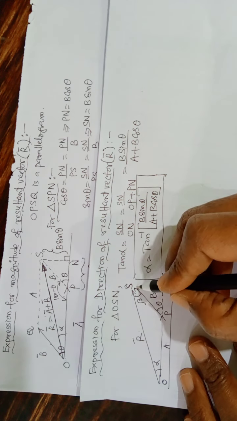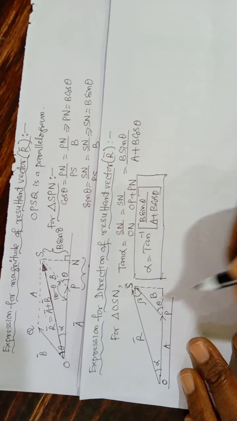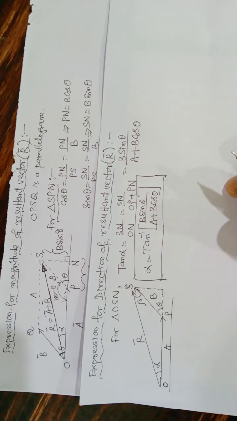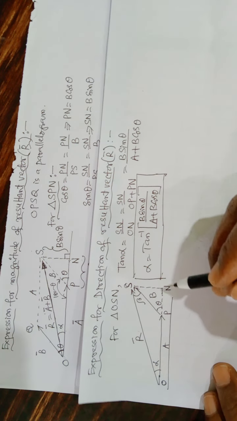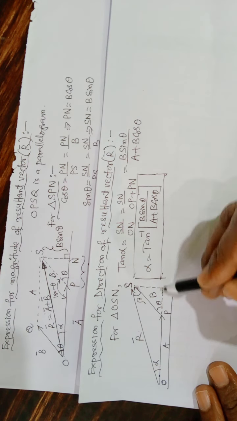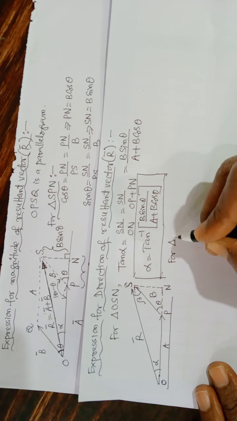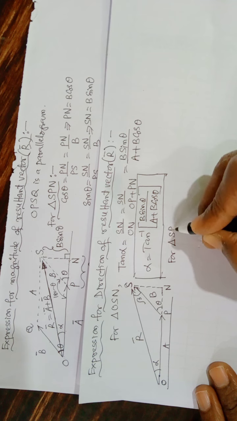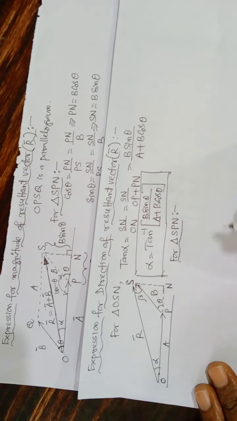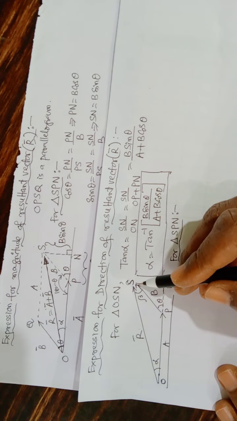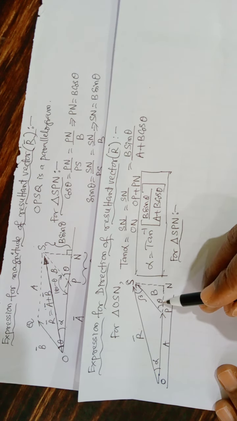Now see, let me draw a perpendicular like this. First let us consider the small right angle triangle SPN. For SPN, this SN becomes the opposite side to theta.